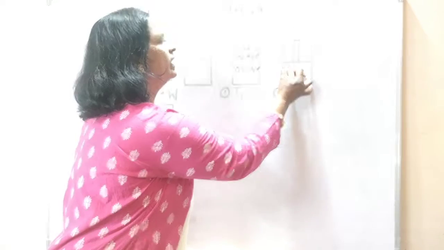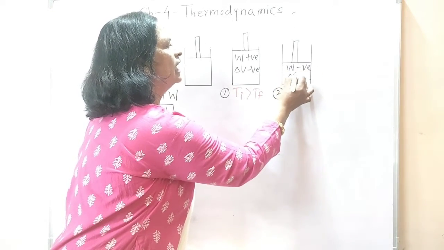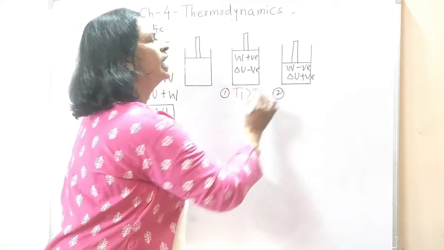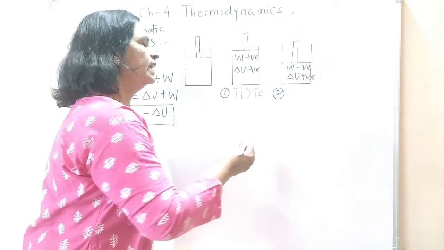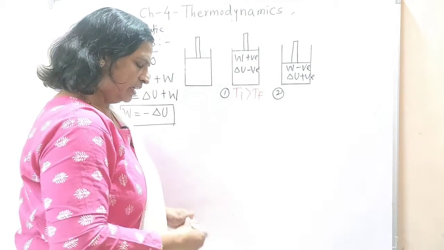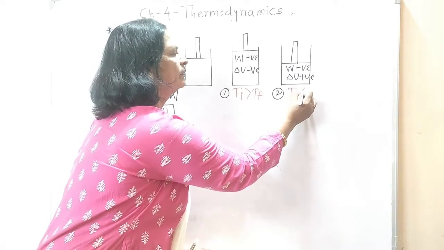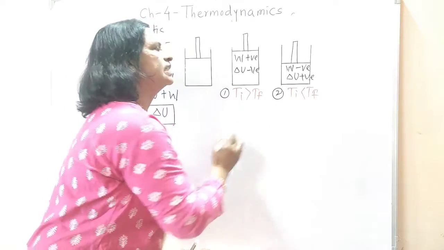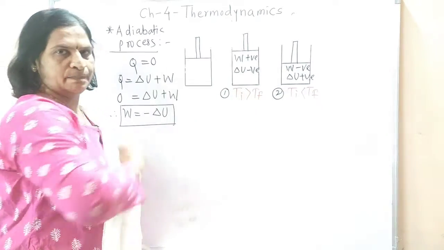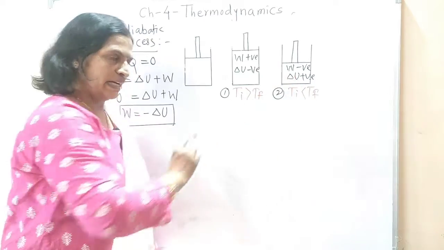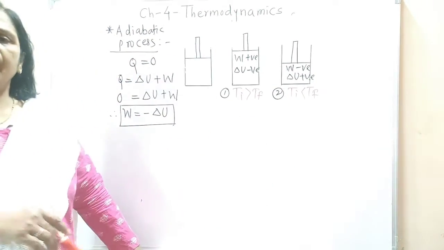At that time work done is negative, change in internal energy is positive and gas warms up or gas is heated. Then initial temperature should be less than the final temperature. This is the condition. Okay. This is adiabatic expansion and this is adiabatic compression. We have to use these two conditions later on.